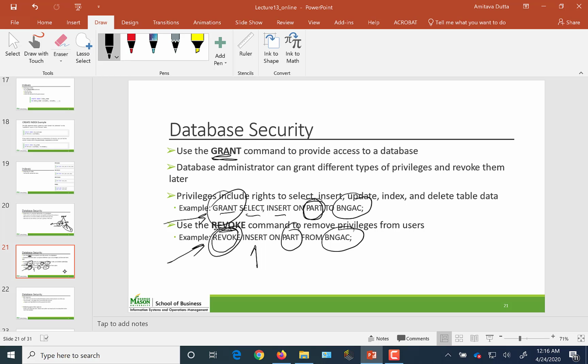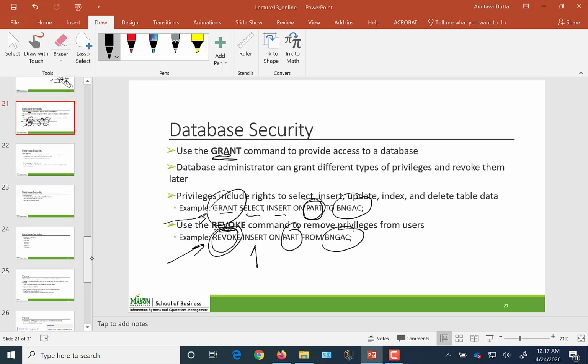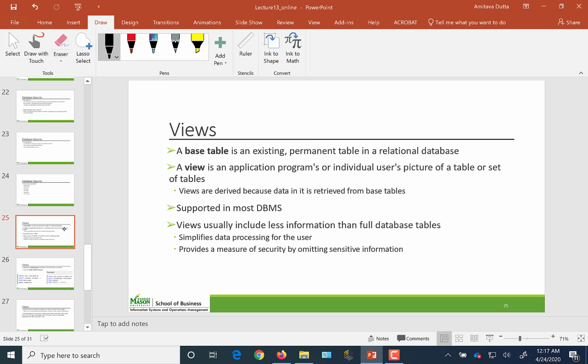We'll focus on one particular mechanism to achieve database security, and that's the concept of user views. So views, as I think I mentioned in the very first tutorial for this topic, a view essentially is a subset of the database that an end user gets to see. Okay, so it's an individual user's picture of a table or a set of tables.